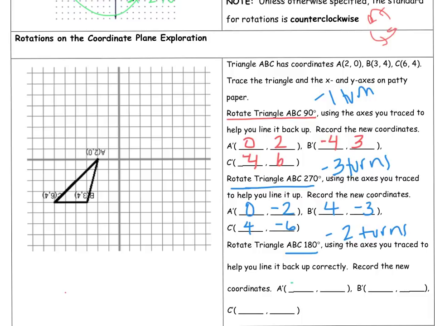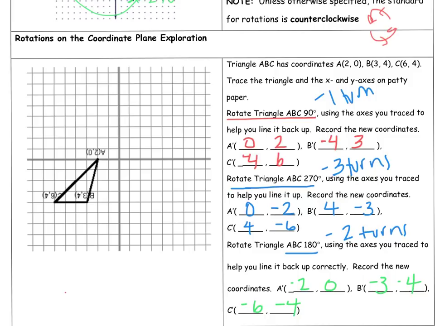So we'll record those coordinates over here: -2, 0, -3, -4, and -6, -4. You can either use the patty paper or you can just turn your existing paper, and then just again disregarding the coordinates that are on there, just treat it as if you were in this case, when we did it 180 degrees, we are now in quadrant 3. And that's all there is to it.